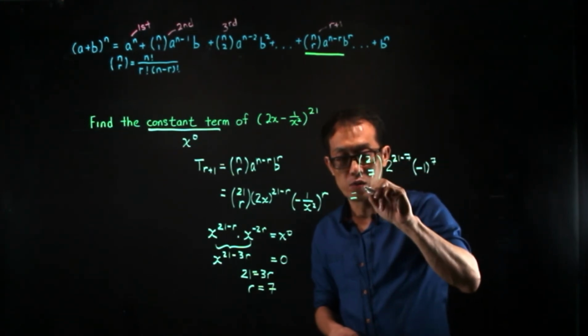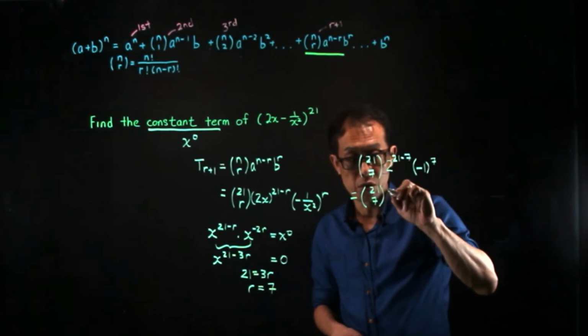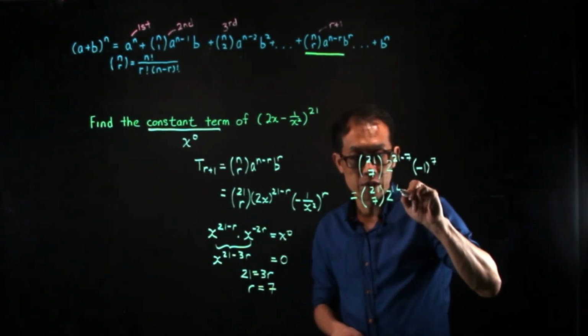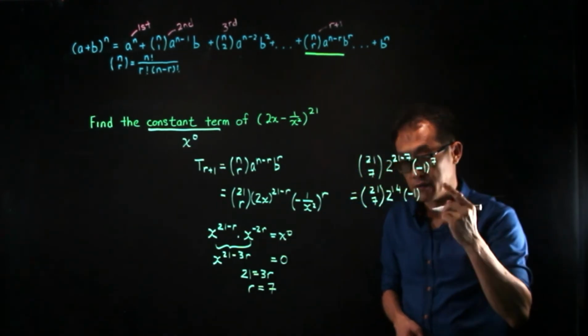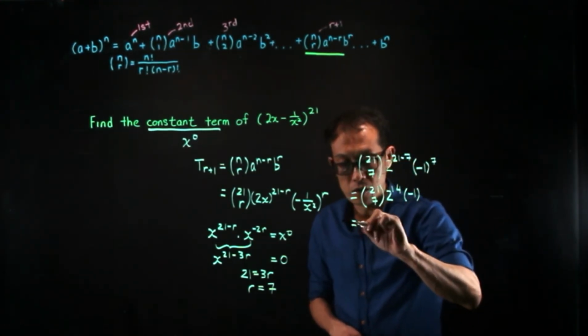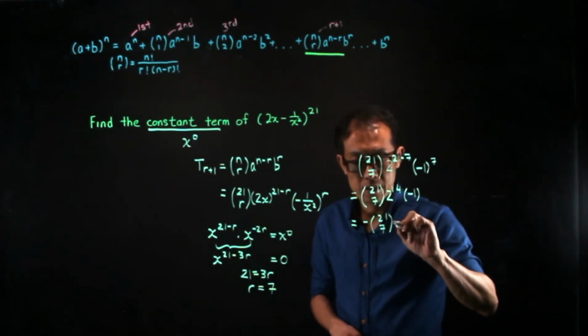So your answer will be 21C7, and this is super huge, times 2 to the power of 14. Now, minus 1 to the power of 7 is minus 1. So your answer will be negative of this.